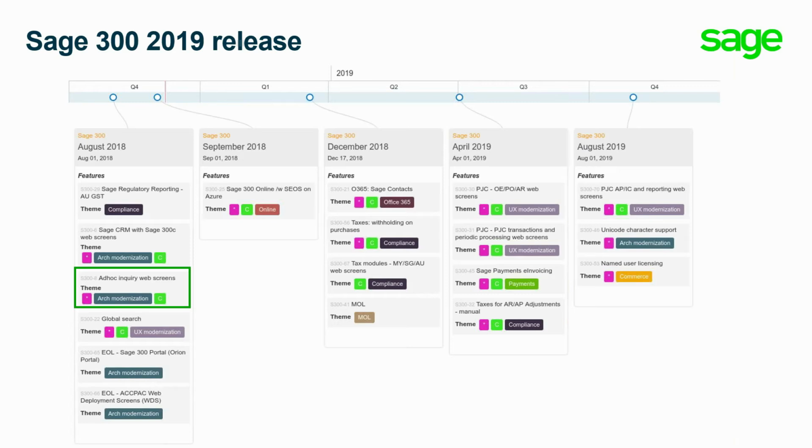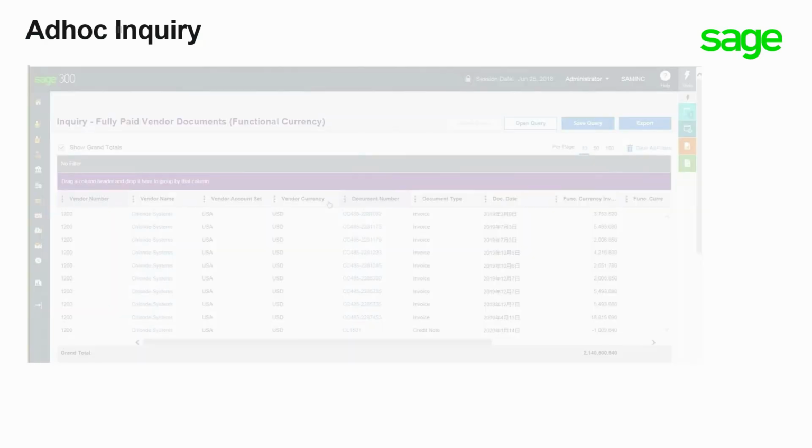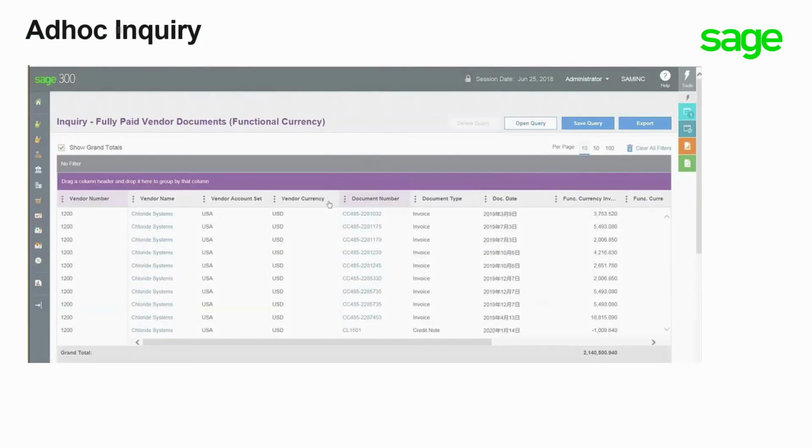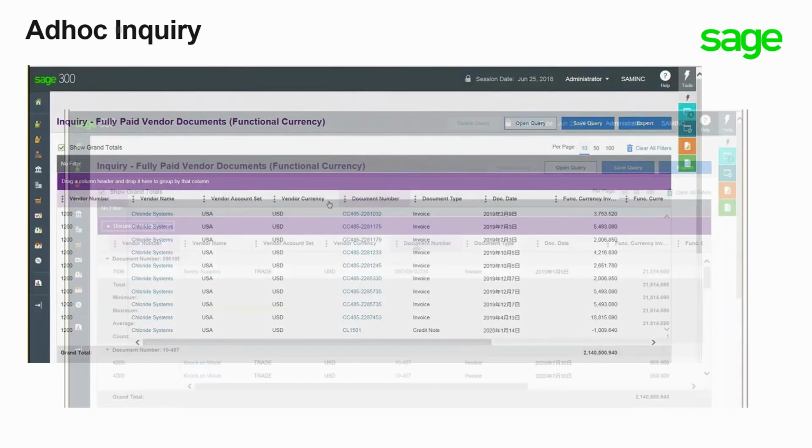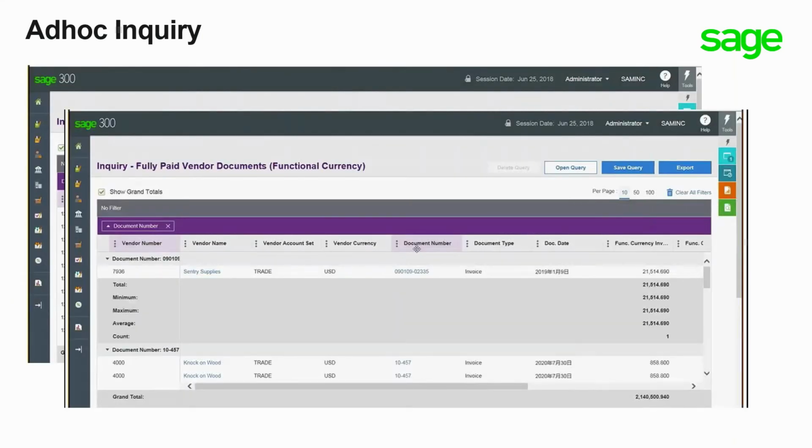So we have added the ad hoc query screens into the web screens. And what this allows is the ability to select some predefined queries, and you can sort, you can filter, and you can group by different columns and get some detailed information.